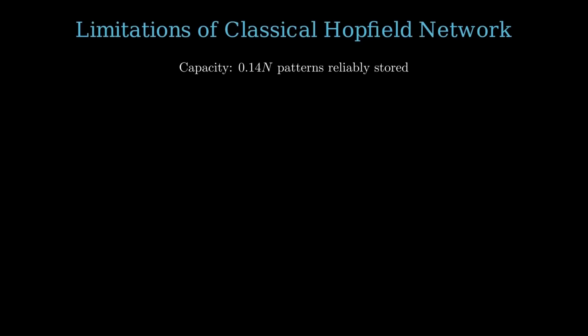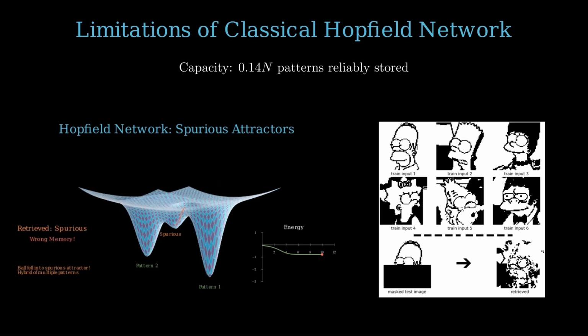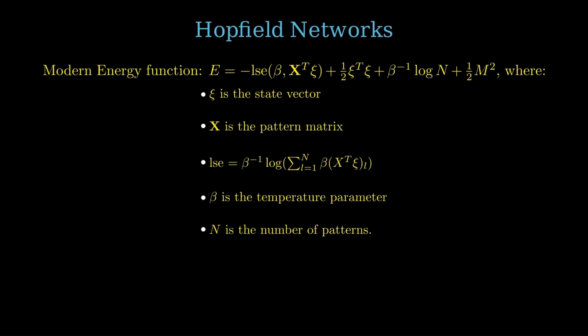However, classical Hopfield networks have severe limitations. They can only store about 0.14 n patterns reliably, and they suffer from spurious attractors, and similar patterns interfere with each other. Modern Hopfield networks solve these problems through a key innovation, replacing the quadratic energy functions with exponential interaction functions.